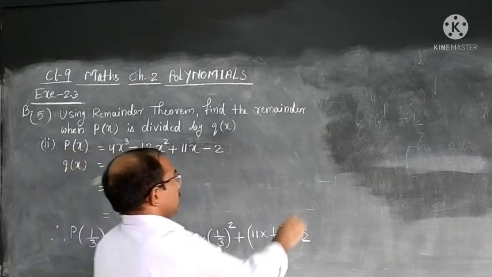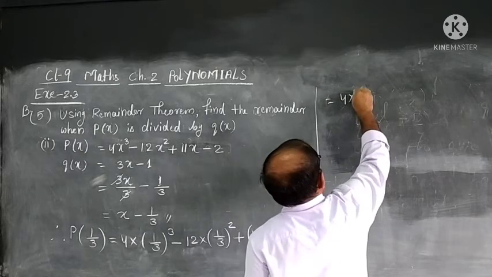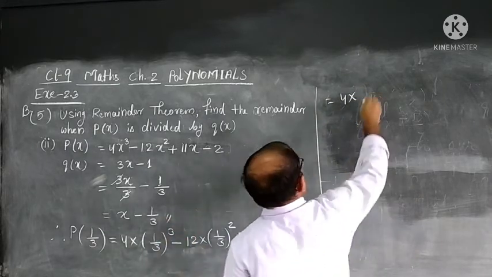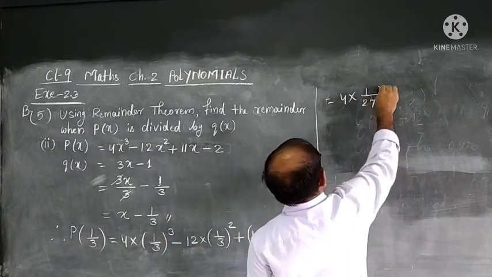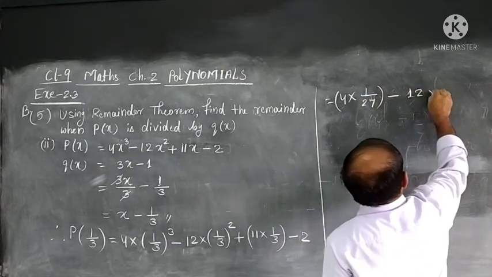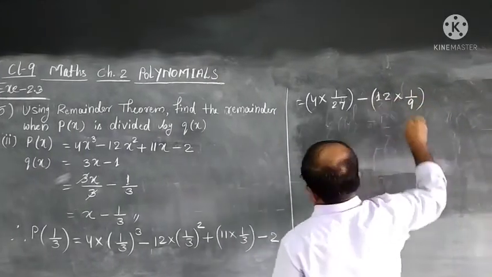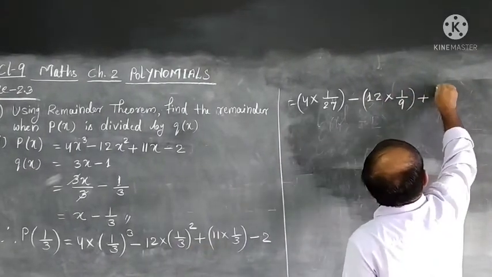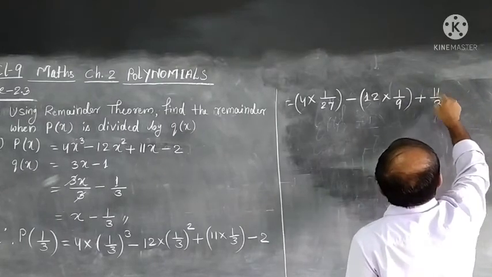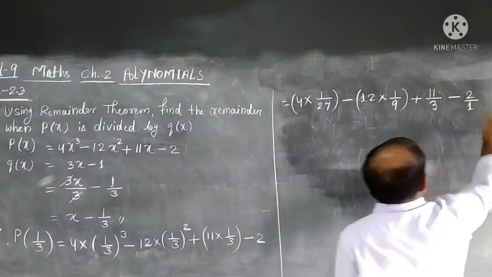So, we get here 4 into 1 cube, 1, and 3 cube, 27, these 2 are in multiplication, then minus 12 into 1 square, 1, 3 square, 9, plus 11 into 1, 11 by 3, a single term, we do not use a bracket, minus 2, it has no denominator, we put 1 here.